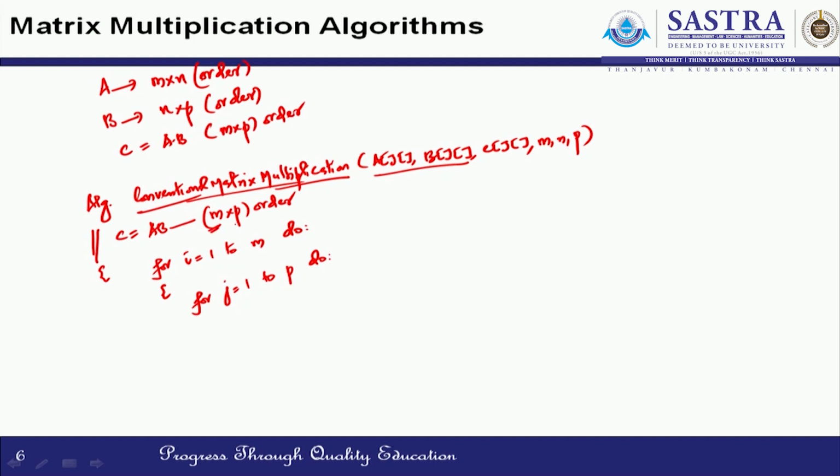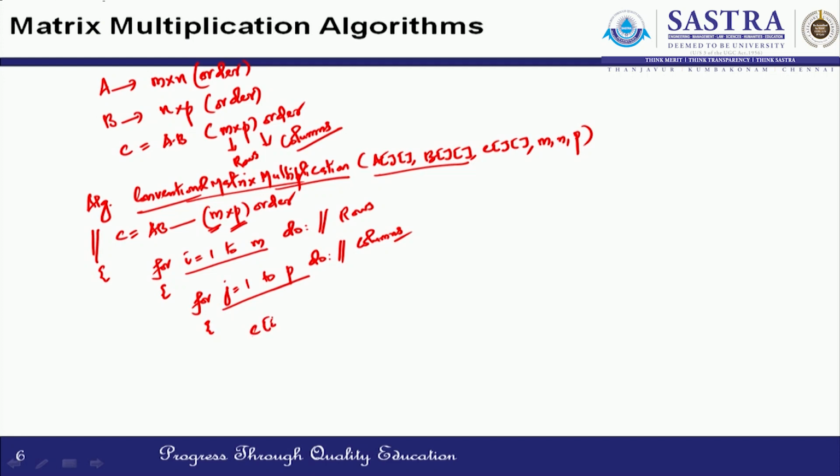Because M rows and P columns, resultant matrix should have M rows and P columns. So, controlling through two for loops, one controls the rows, the second for loop controls the columns. For I is equal to 1 to M do, for J is equal to 1 to P do.